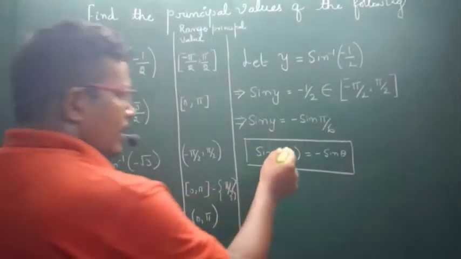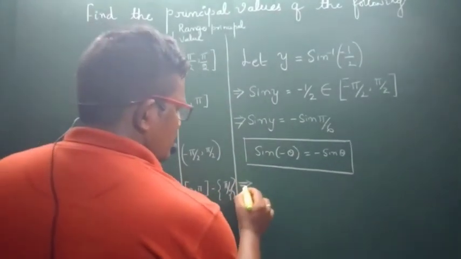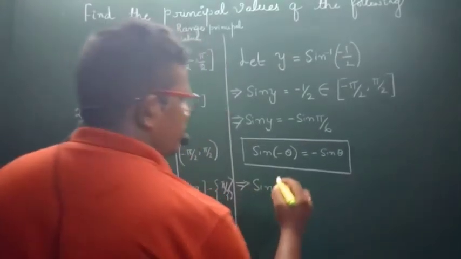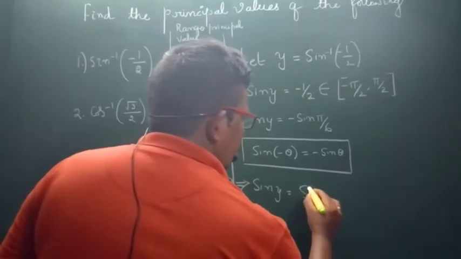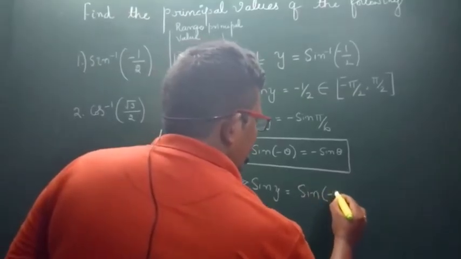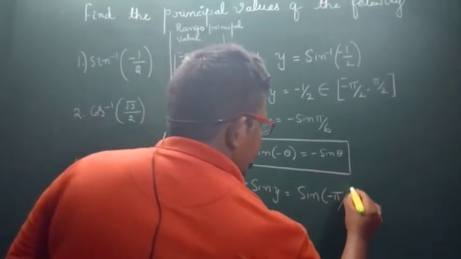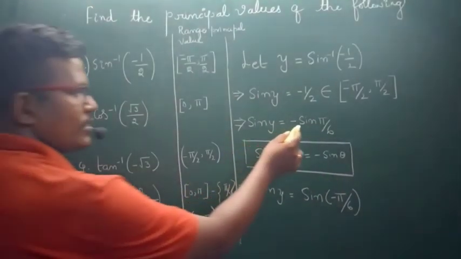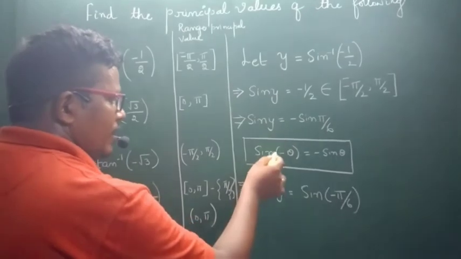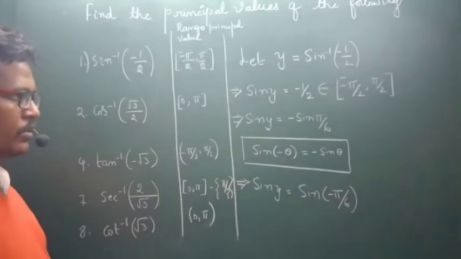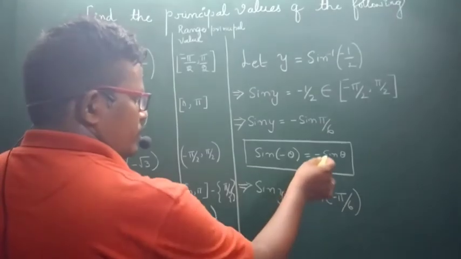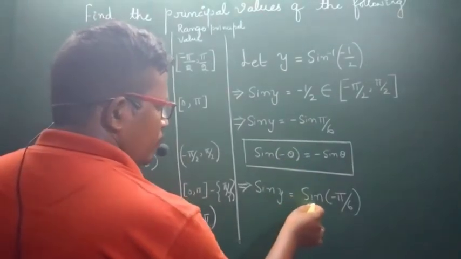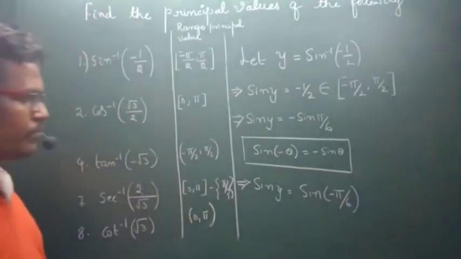So we can write sin y equal to sine of minus pi by 6, as per this statement. Minus sin theta equal to sine of minus theta. So minus sin pi by 6 equal to sine of minus pi by 6.